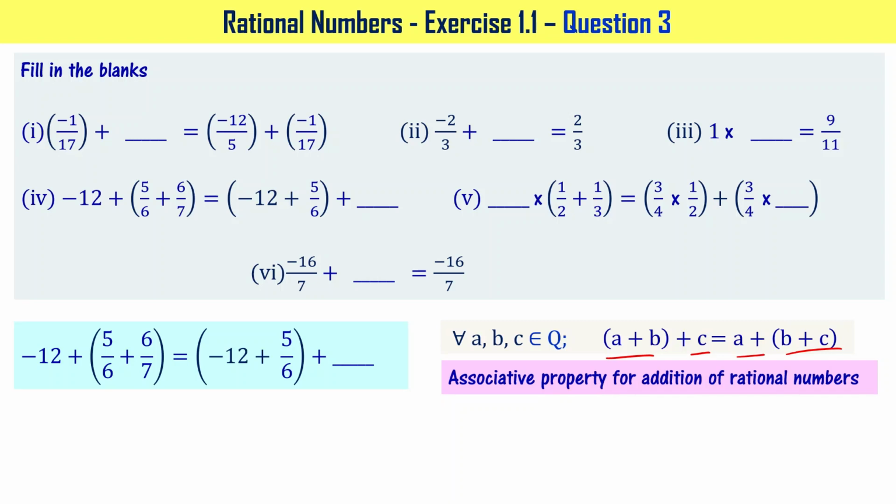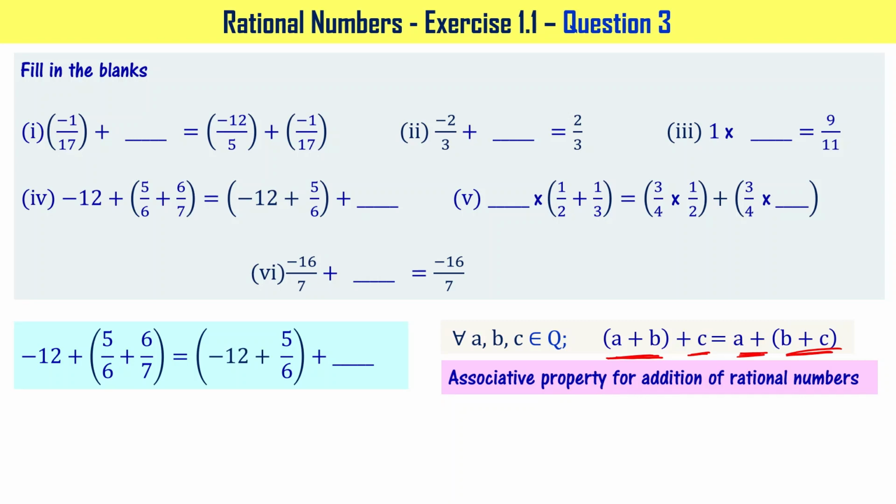What we have done is, here a and b are grouped under addition, and c is separate. Whereas on this side, we have grouped b and c together and a is separate, right? Meaning, in the case of associative property, we regroup in a different way.